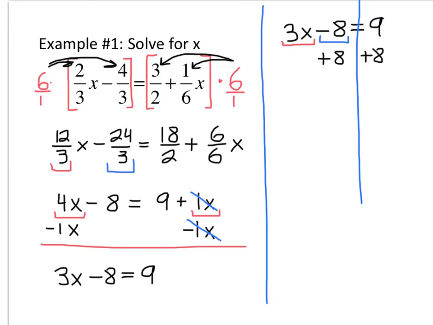And this is going to leave me with 3x equal to 17. And now that we're all by ourselves, all I need to do is apply the inverse of multiplication. Notice how 3 and x are being multiplied. The inverse of multiplication is division, so I divide both sides by 3. And we're left with our solution, which is x equals 17 over 3.